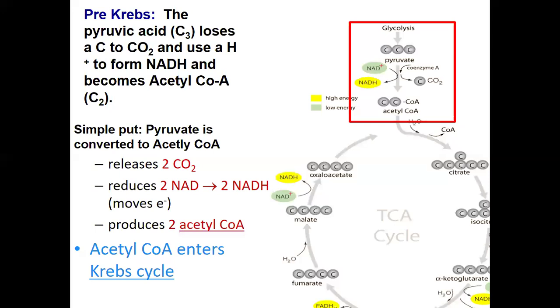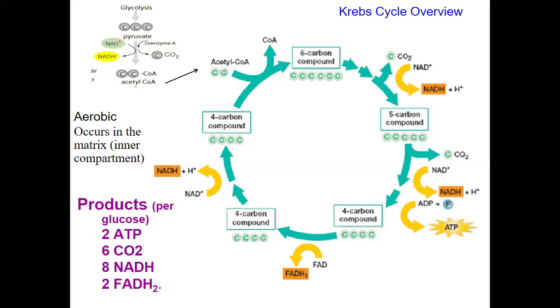The acetyl-CoA combines to form the citrate, and the citrate goes to isocitrate. This reaction releases carbon dioxide, reduces NAD to NADH, and produces acetyl-CoA during this particular pathway.